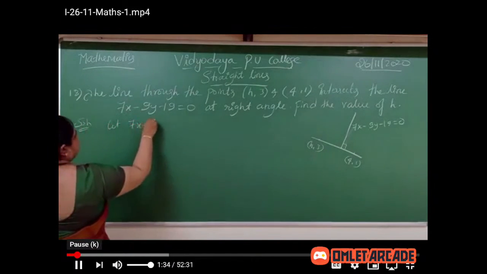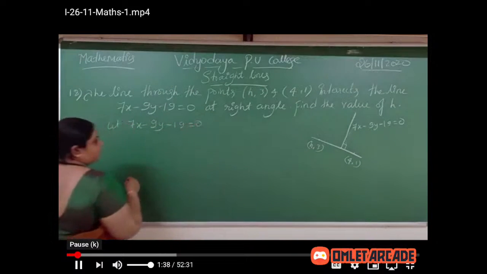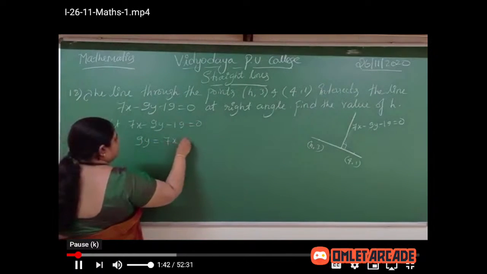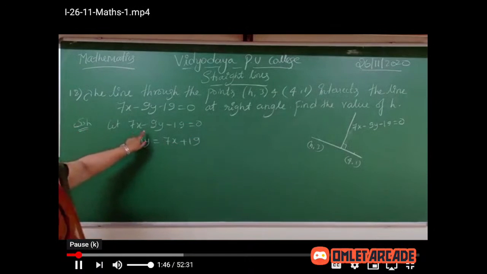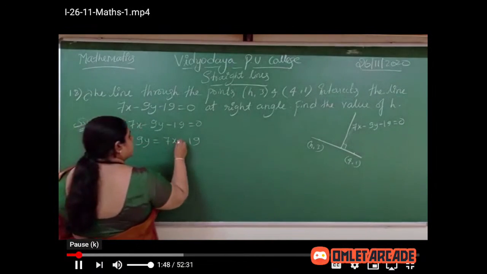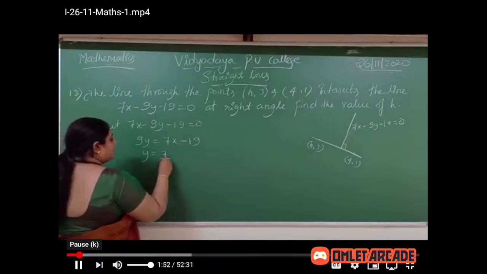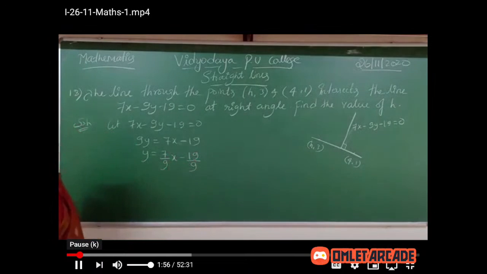Let 7x minus 9y minus 19 is equal to 0. So 9y is equal to 7x minus 19. Dividing by 9, y is 7 by 9 x minus 19 by 9.